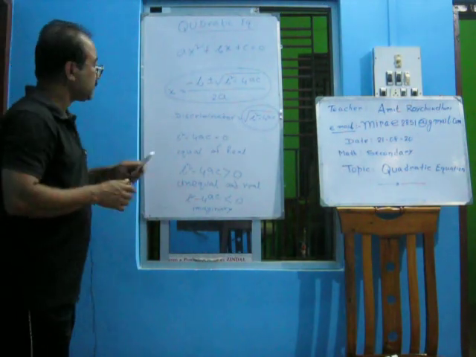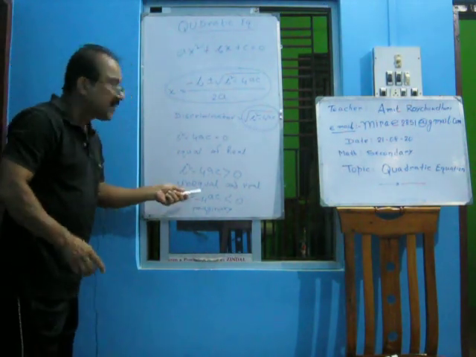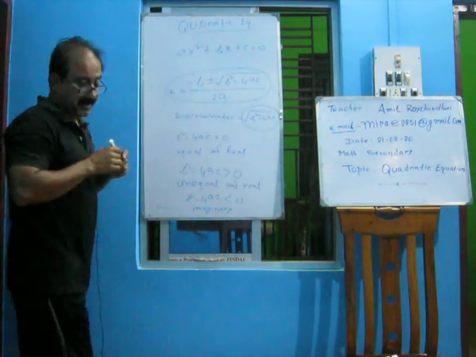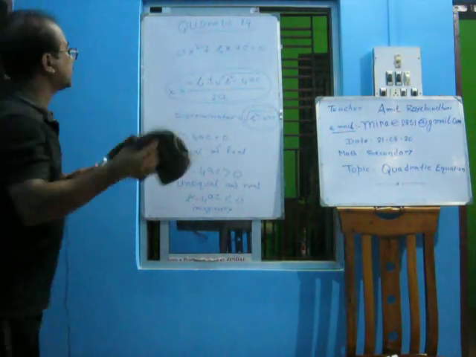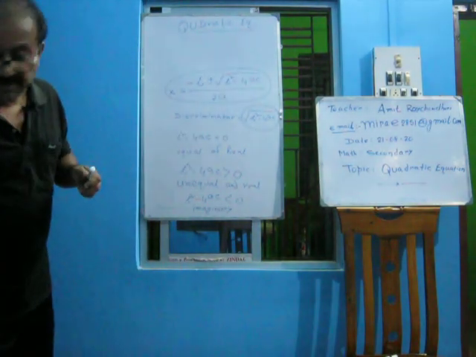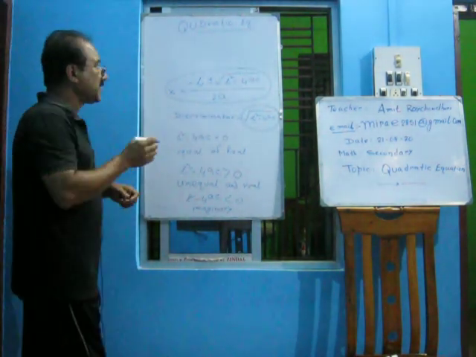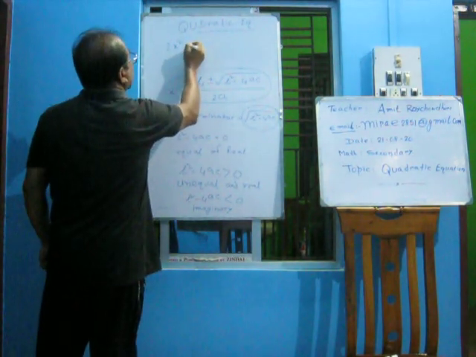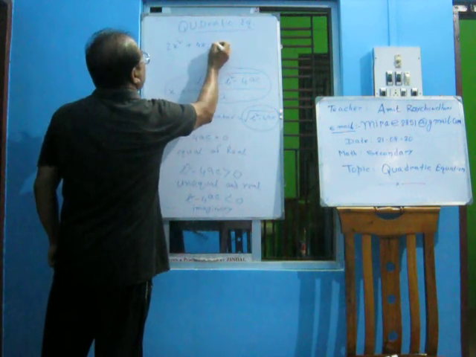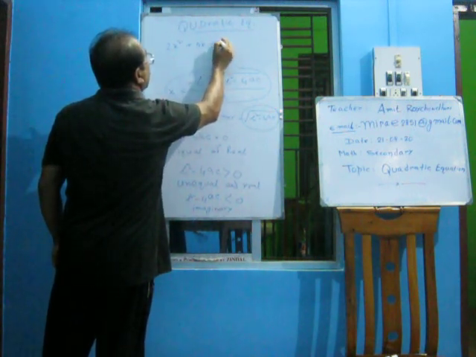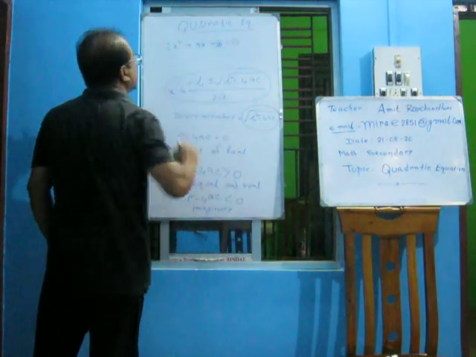Now, what does imaginary mean? Suppose I take, instead of x square plus bx, something like 2x square plus 9x minus 4 equal to 0.